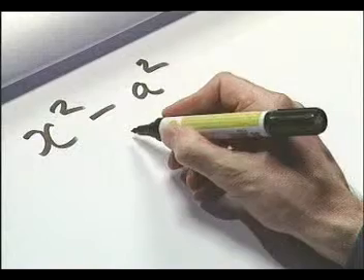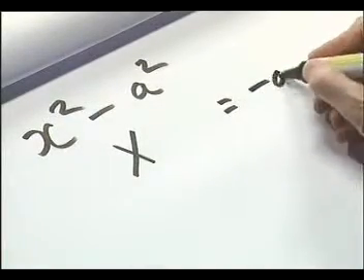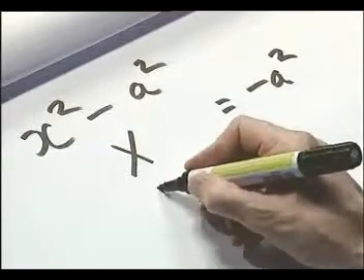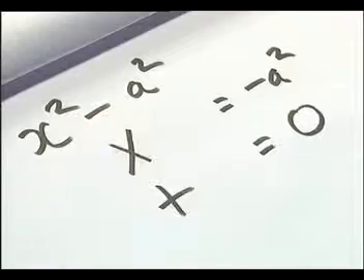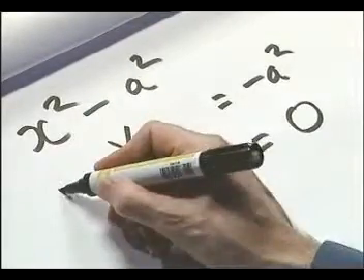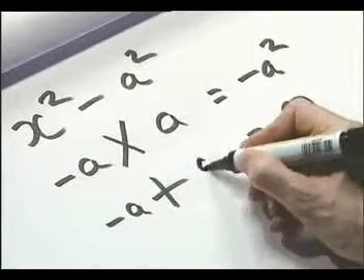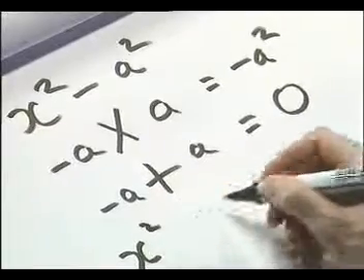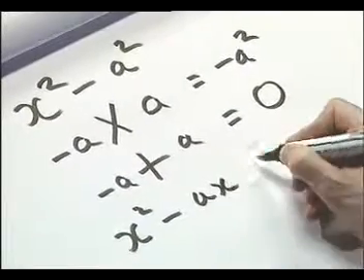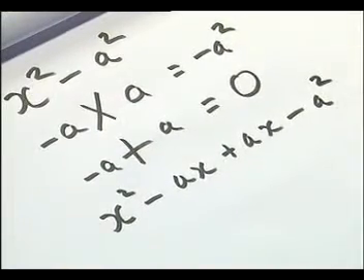We want to factorize it, so we're looking for two numbers that multiply together to give minus a squared and add together to give 0, because there are no x's. So minus a and a fit the bill. So we're going to have x squared minus ax plus ax minus a squared.